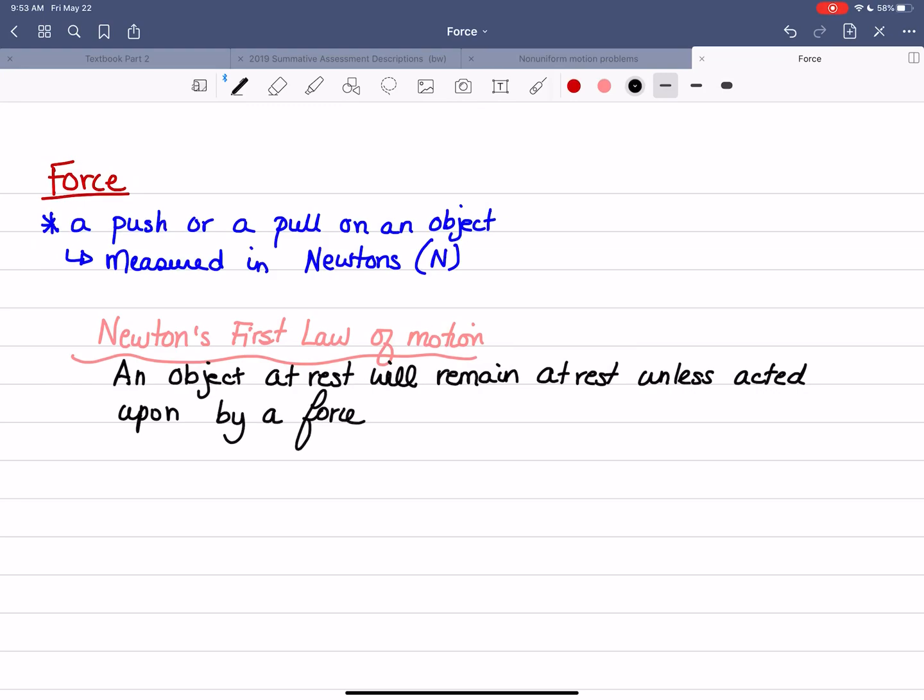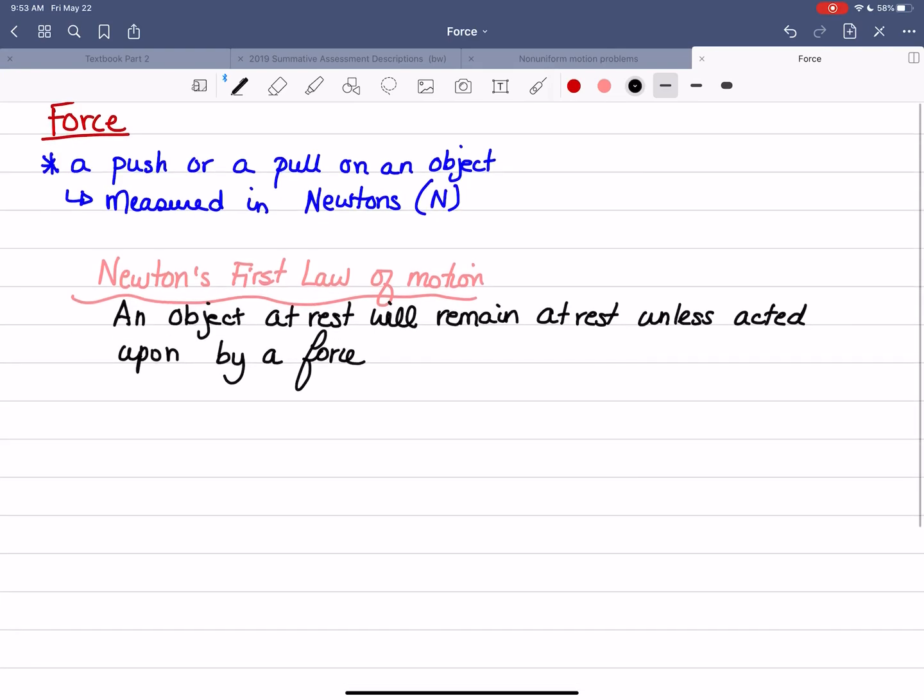And we're going to talk about the force has to be unbalanced. We're going to just look at that in about a second.